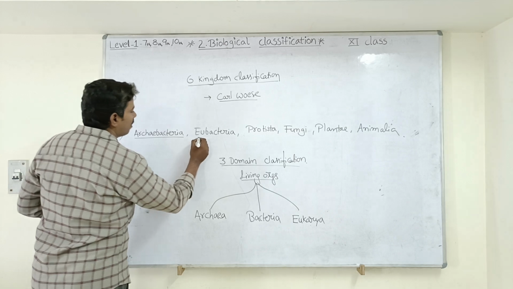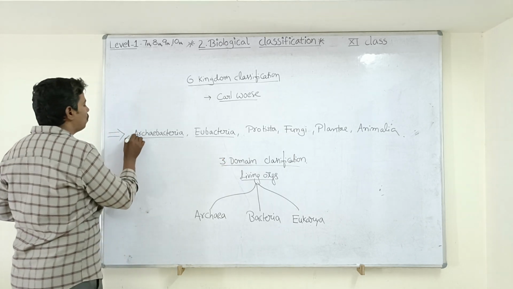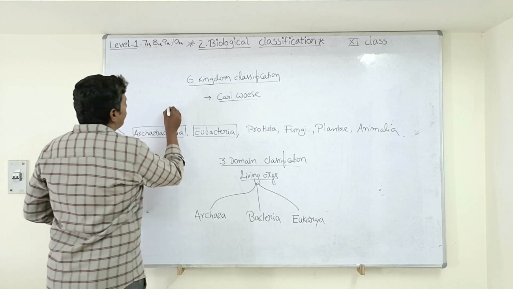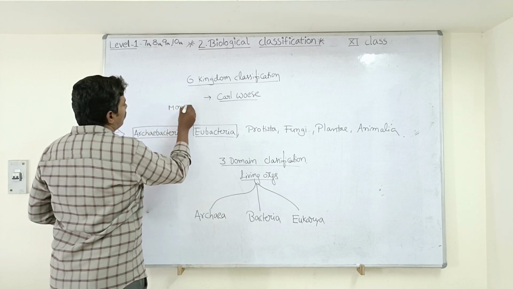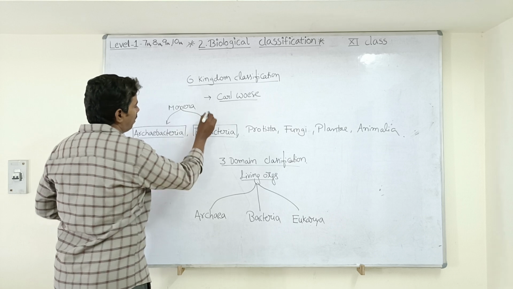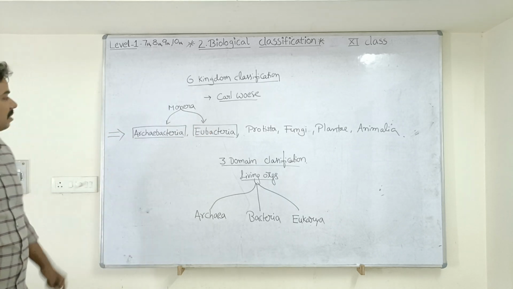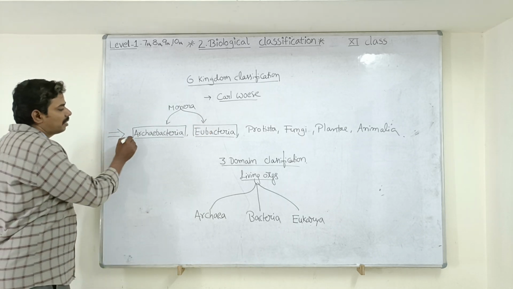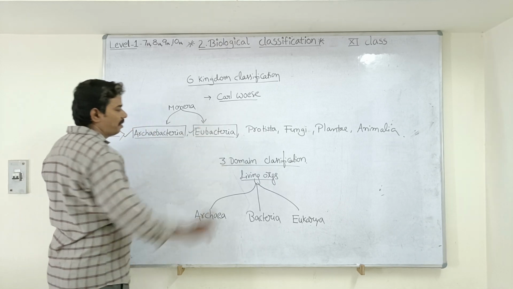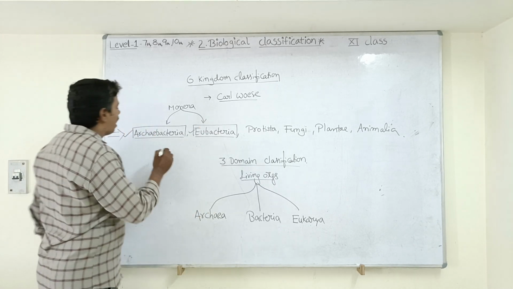Kingdom Archaebacteria and Kingdom Eubacteria are newly added into the classification system. The previous kingdom Monera, which was in the five kingdom classification, has been divided into two separate kingdoms in the six kingdom classification, that is, kingdom Archaebacteria and Eubacteria.